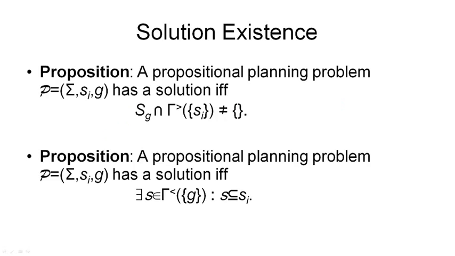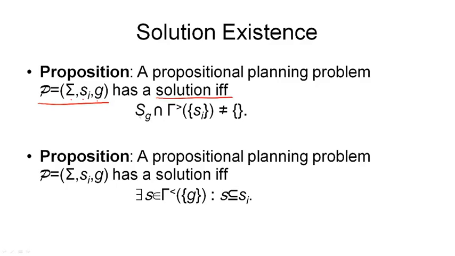To understand the properties that the planning graph represents, I want to remind you of a proposition we have seen earlier, and that was about solution existence to planning problems. And this was the proposition I want to remind you of. So if we are given a planning problem consisting of a state transition system, an initial state, and a goal, we can say that this planning problem has a solution if and only if the following condition holds.